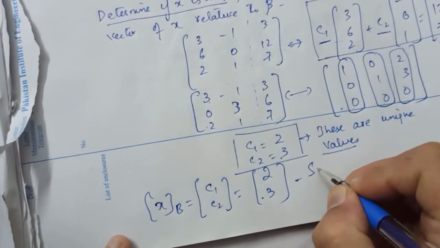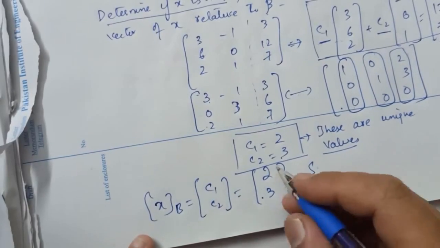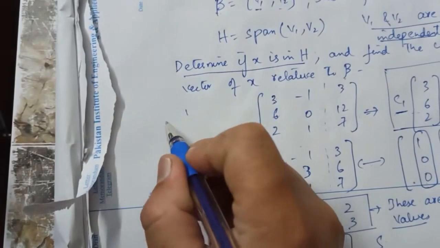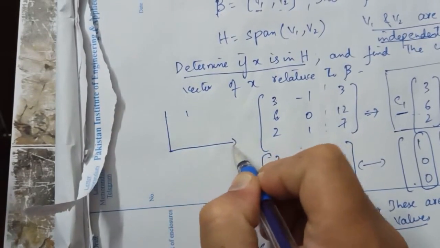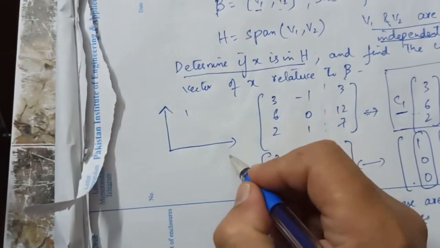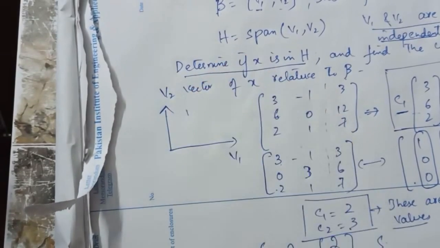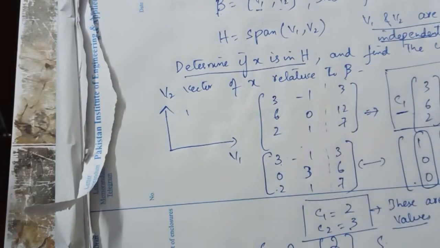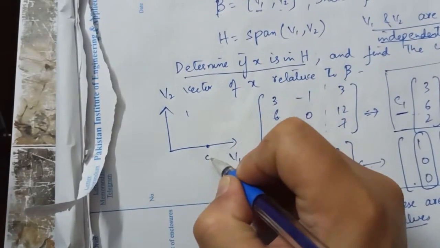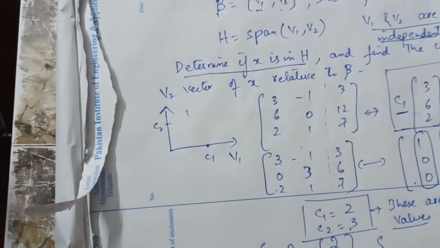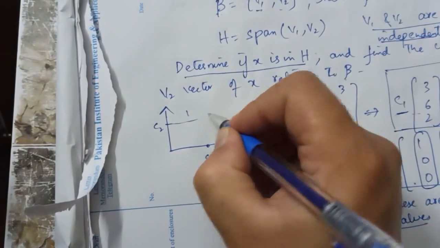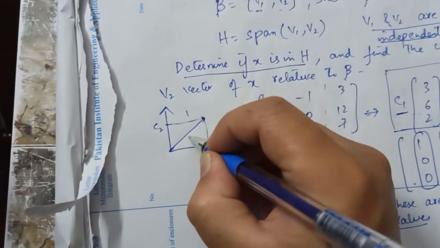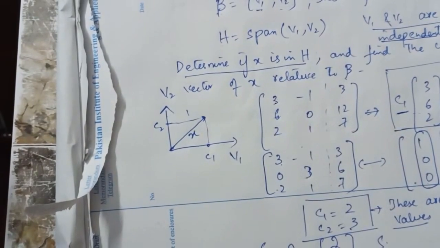Since the bases determine the coordinate system, you can virtually think of this one as v1 and v2, and this is your c1 and this is your c2.